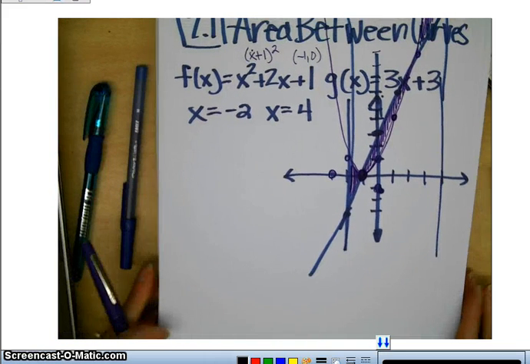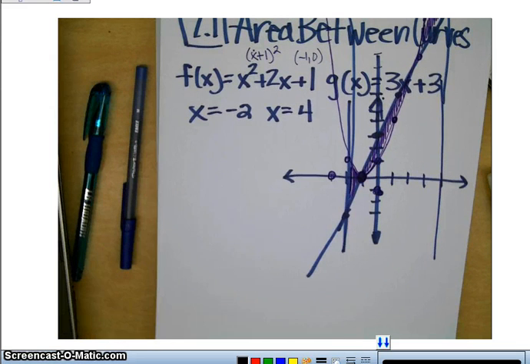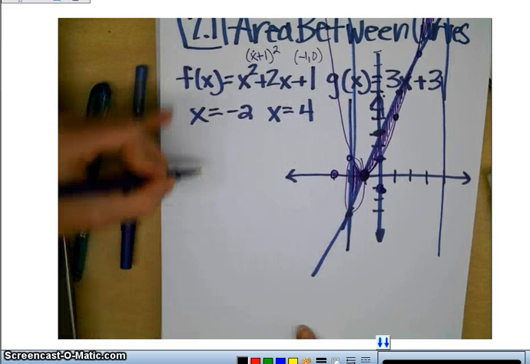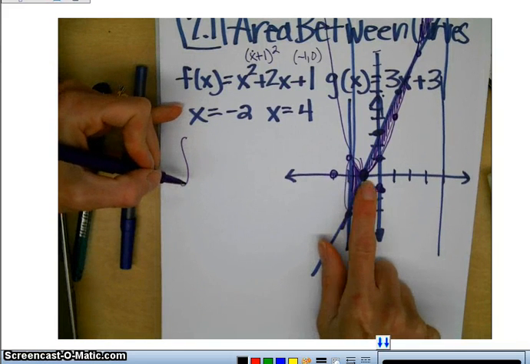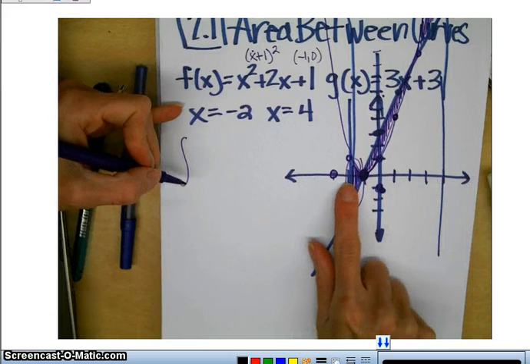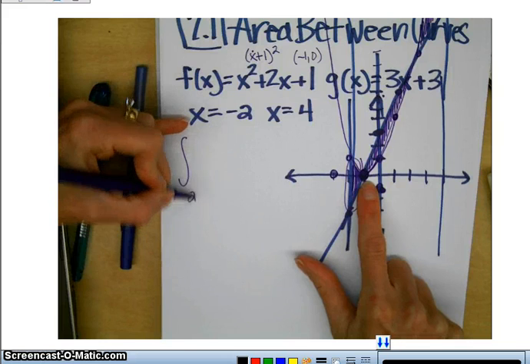So how many integrals are we going to have to set up? 3 of them. So let's deal with this thing first right here. This would be the integral from where to where? Along the x, everything's an x value, so we only look at the x-axis, from -2 to -1.